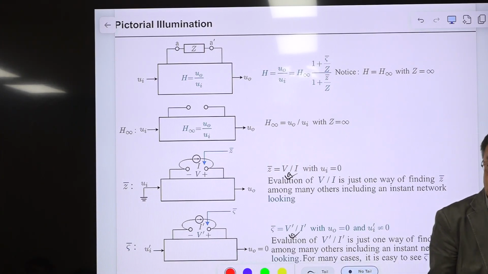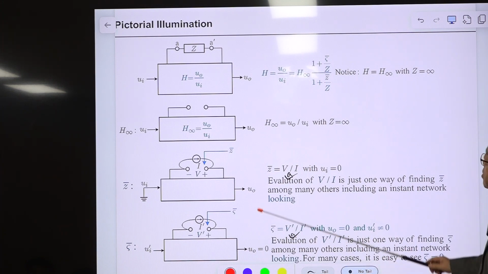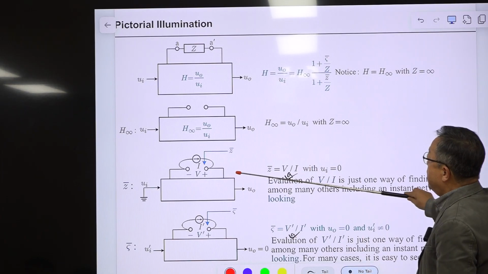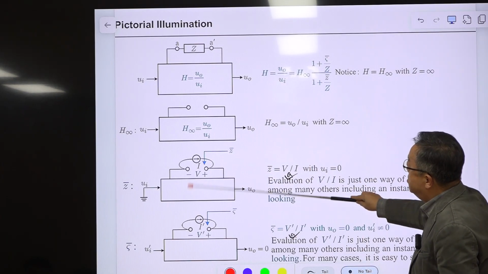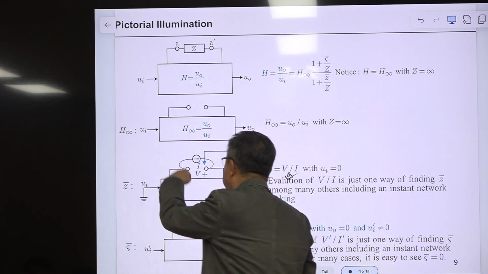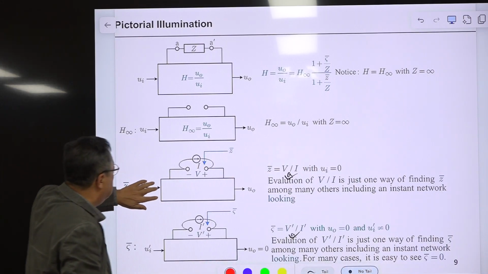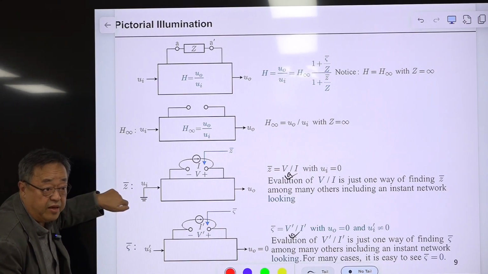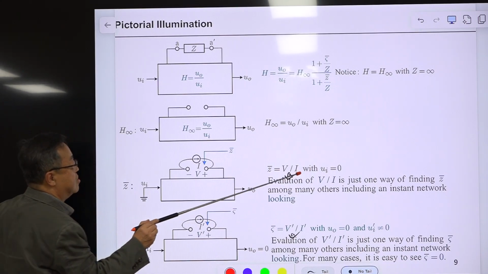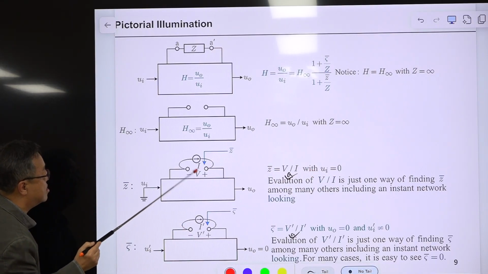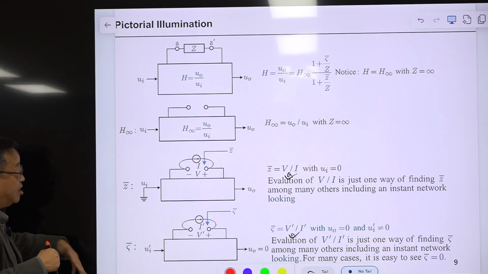And this is the driving point impedance. So you are looking into this network through this opening with this condition, input is eliminated. You can evaluate this by finding this and calculating the ratio.